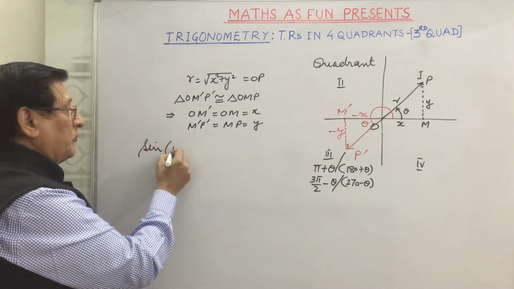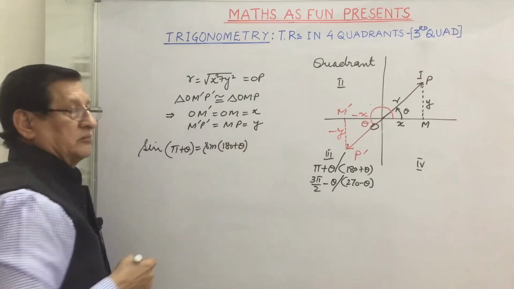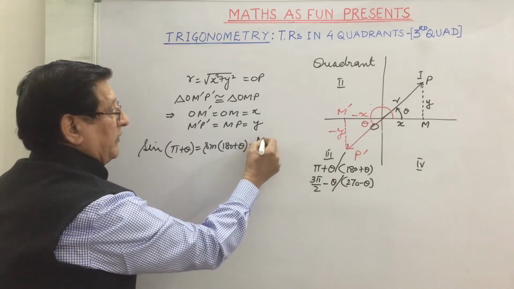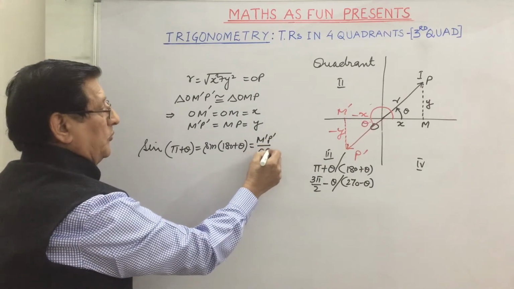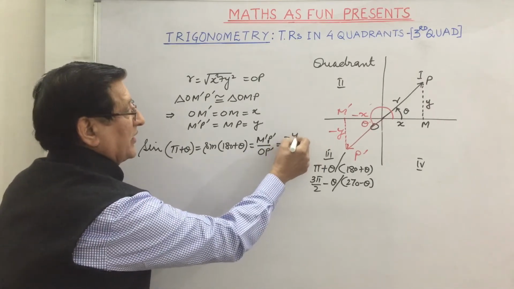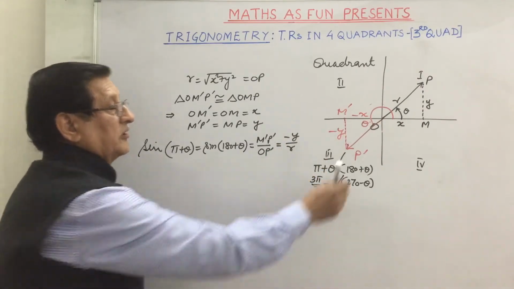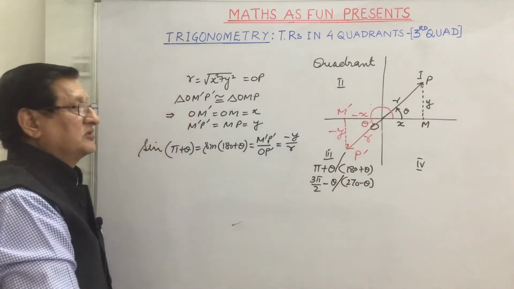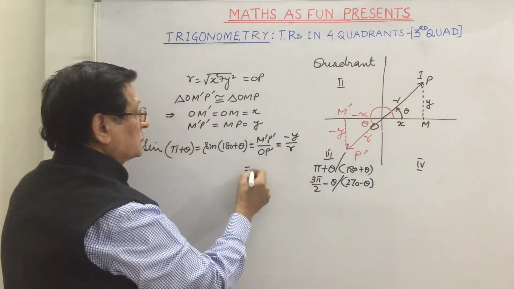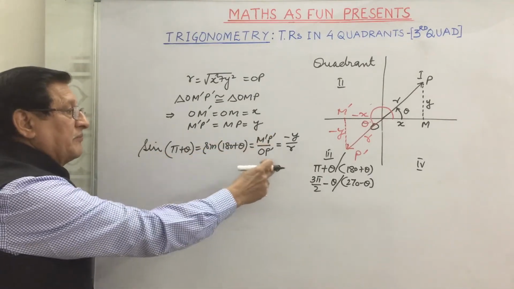Like sine pi plus theta, or we say sine of 180 plus theta, will be here, in this case, M dash P dash upon OP dash, and that is equal to M dash P dash is minus Y, OP dash is R, because we know that the length of the radius vector, the revolving line, has to be same always, this is R. But if you see from here, Y upon R is sine theta, so this comes as minus sine theta. It means sine 180 plus theta is minus sine theta.